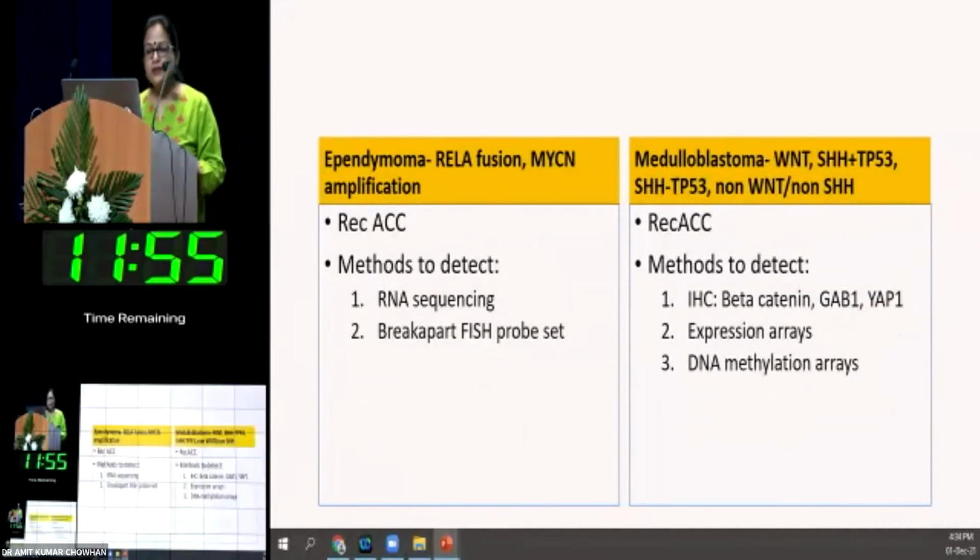In ependymomas, the important alterations looked for are RELA fusion and MYC amplification, and the methods to detect them are RNA sequencing and FISH, apart from methylation profiling for stratifying these ependymomas. Medulloblastomas, as already commented by Dr. Shilpa, have 4 molecular groups, and the methods to classify them into each of these groups start with IHC, followed by expression arrays and DNA methylation arrays.